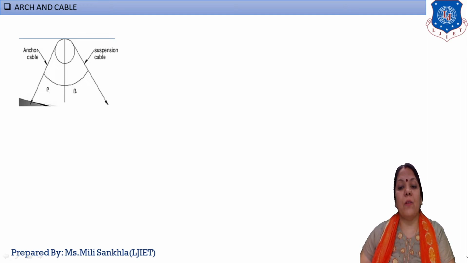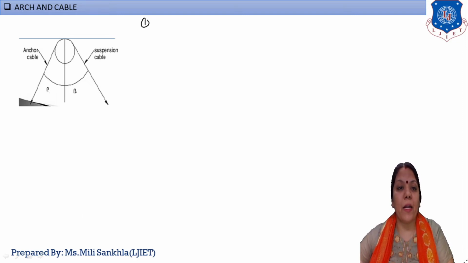Now next, here one by one we find out our vertical and horizontal force. First, write down the heading: cable is passed over guided pulley. Okay, this is our first case.